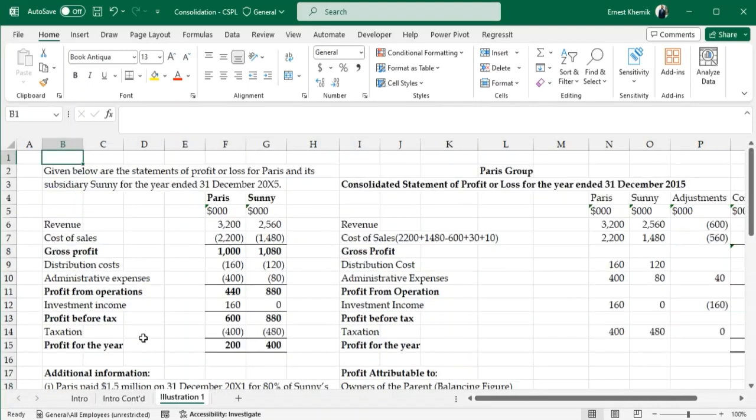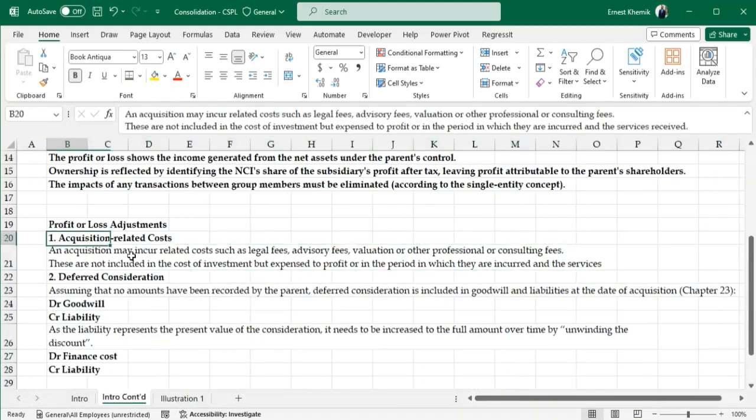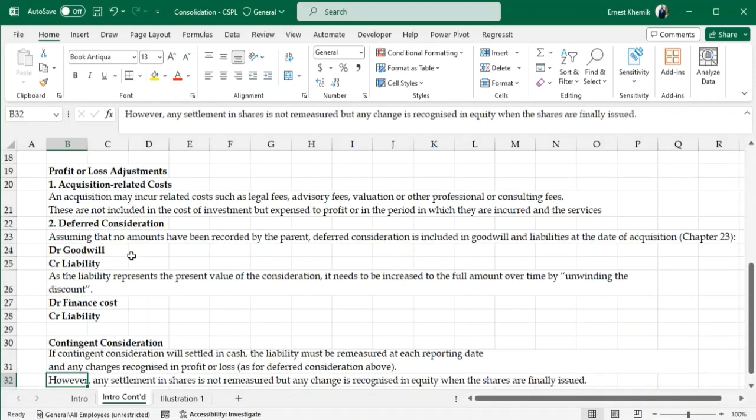Before I end this particular video, I want to talk a little about some other adjustments that we might have within the consolidation. Okay, so we have here some other adjustments that we need to do. One of them is acquisition related costs.